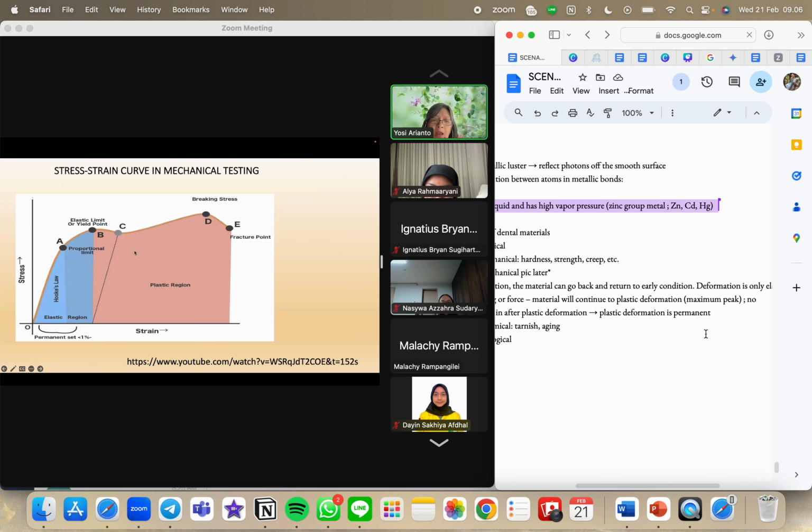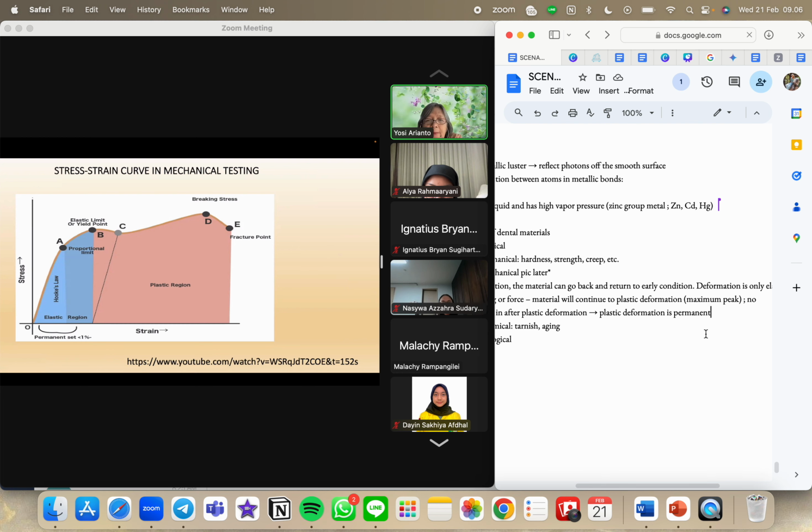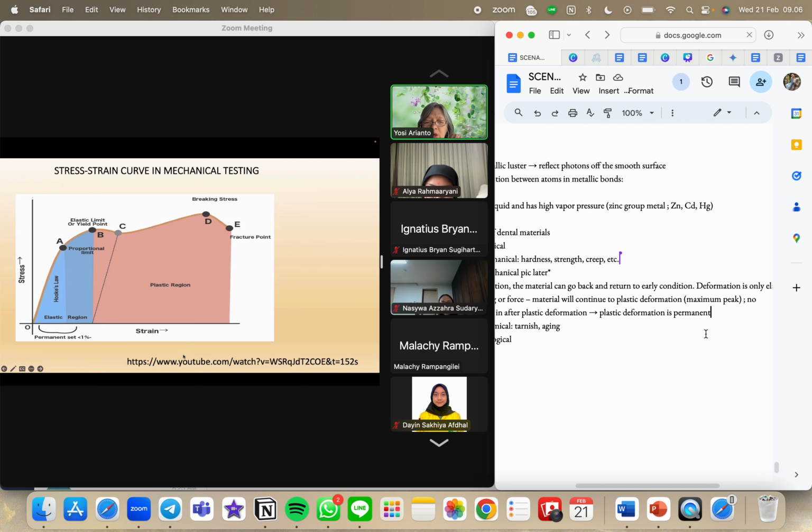And then the red here is the plastic region. So there is a permanent deformation here. If you want to understand better, you can find out in this YouTube video.